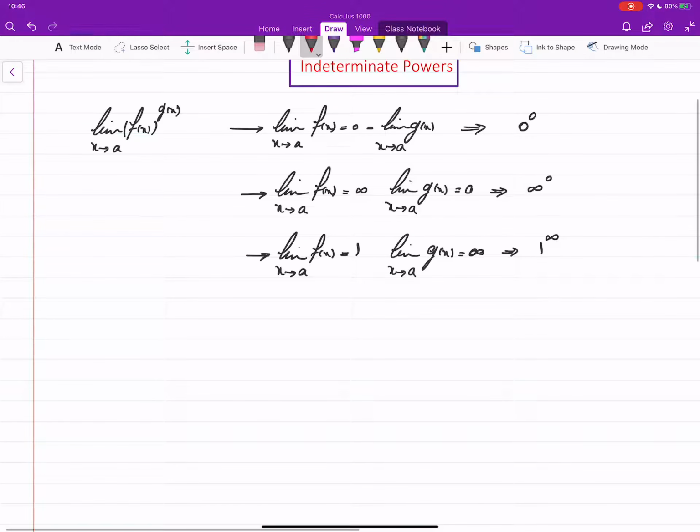So how can we resolve these cases, how do we deal with indeterminate powers?